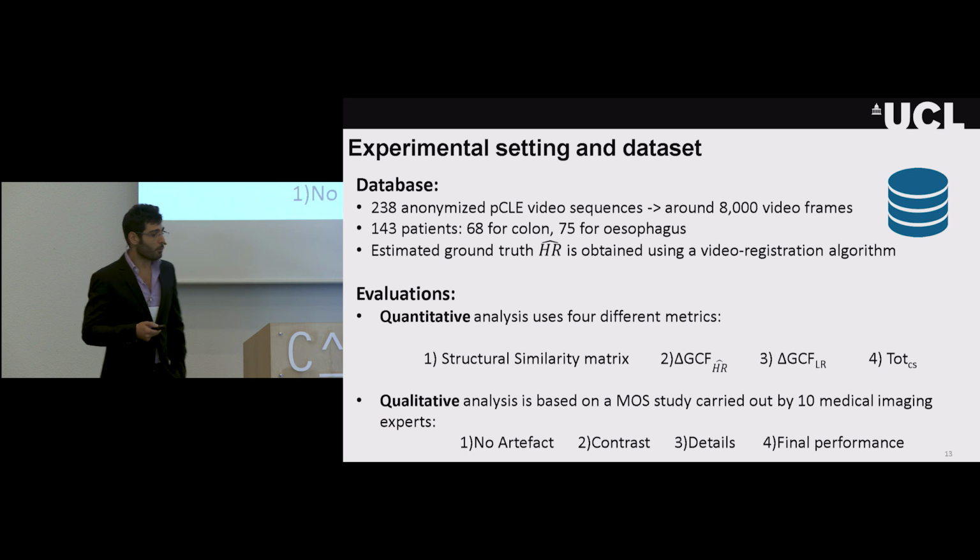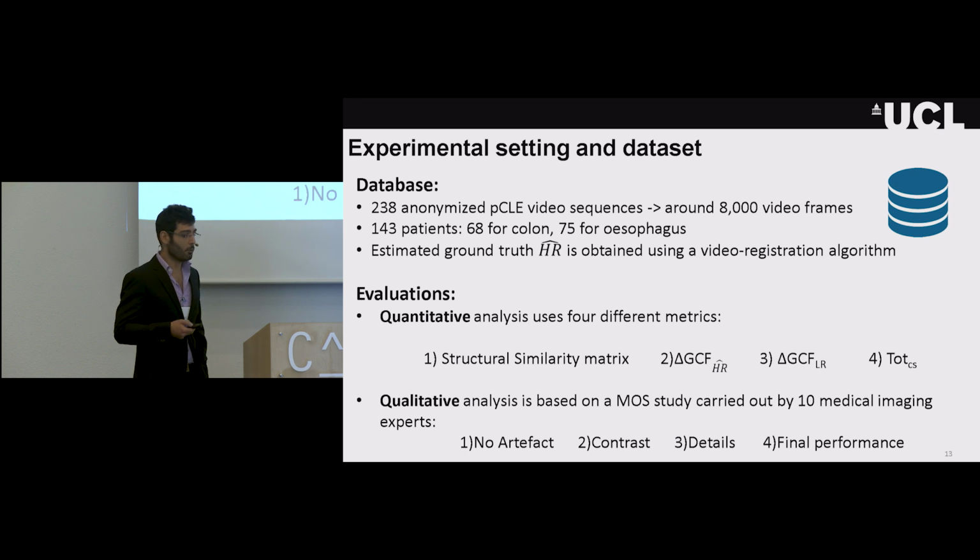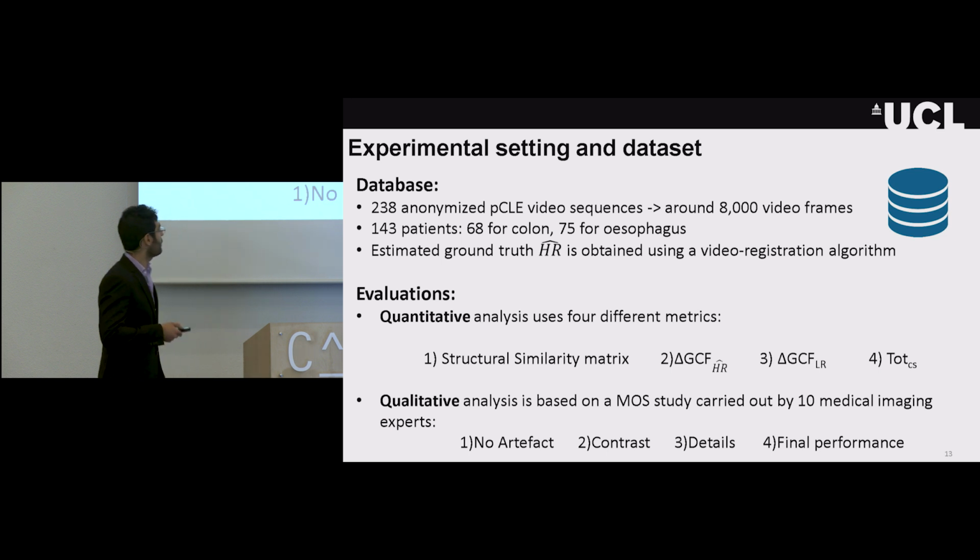In our experiment, we use 238 video sequences that correspond to around 800 video frames, and this comes from 143 patients in two different regions, colon and esophagus. For the assessment of our approach, we use quantitative and qualitative analysis. For the quantitative, we use three different metrics and a final total score that is based on these three metrics.